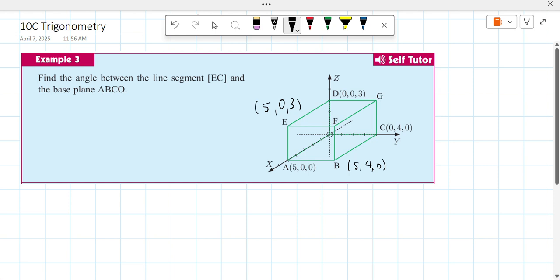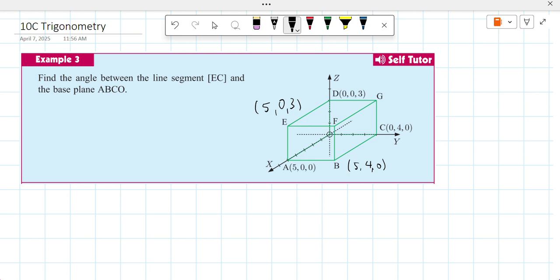So now, what do we need to do? Well, in order to find the angle between a line segment and a plane, initially the thought is that we can't find the angle between a line segment and a plane, right? So instead, I'm going to find the line of projection of EC onto the plane ABCO.